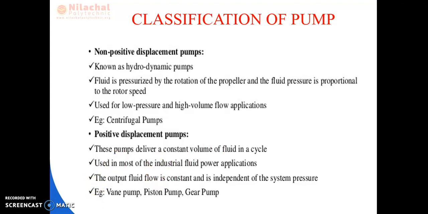In industrial fluid power applications, the output flow of fluid is constant and independent of the system pressure. Some examples of positive displacement pumps are reciprocating pumps, piston pumps, gear pumps and vane pumps. In later classes we will study these pumps.